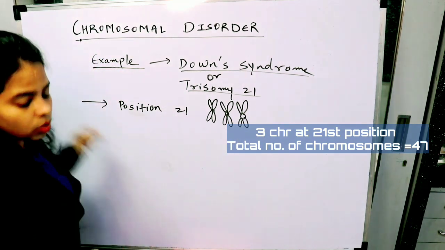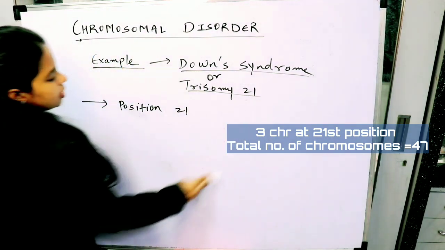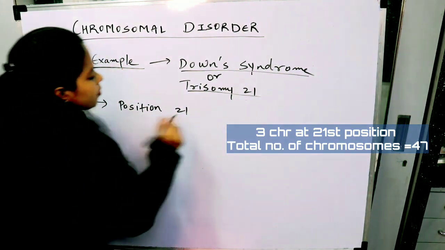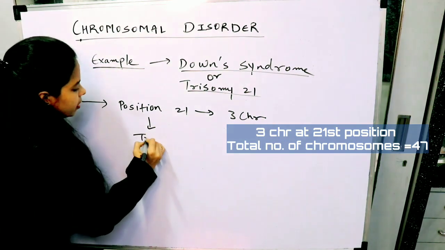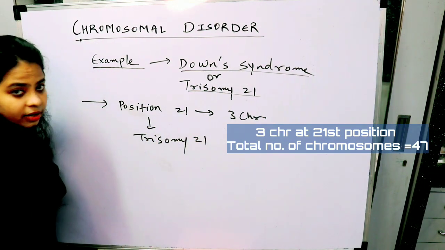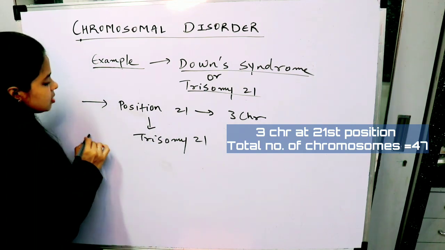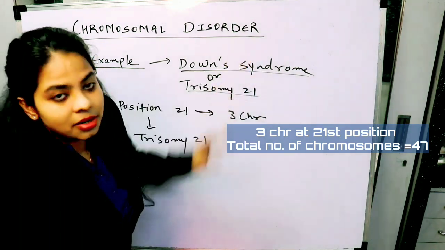So there are a total of 3 chromosomes on the 21st position. This is known as trisomy 21. Since this group of symptoms is there, it is known as a syndrome.